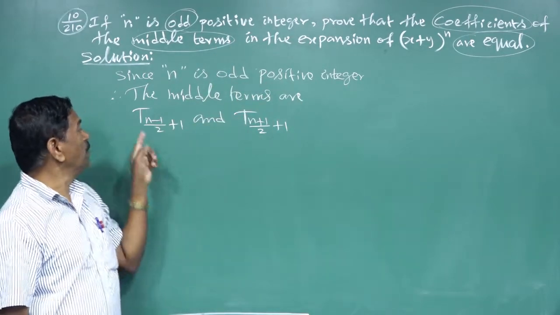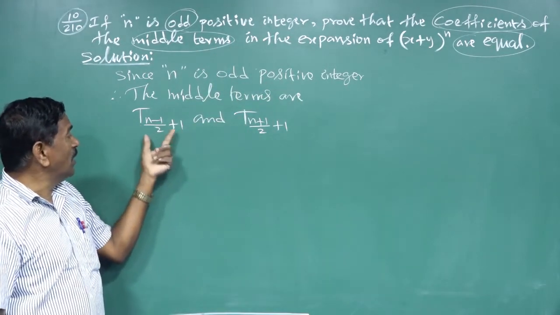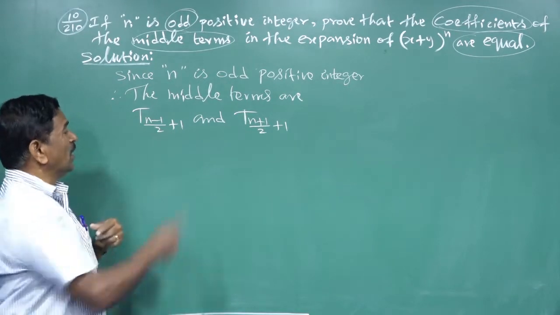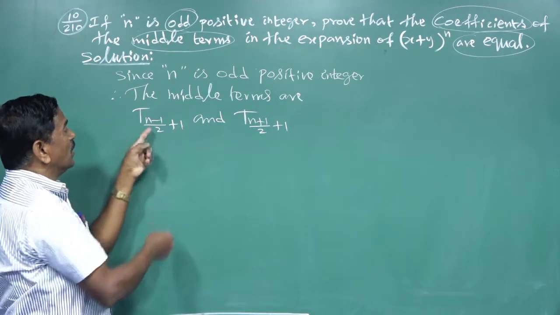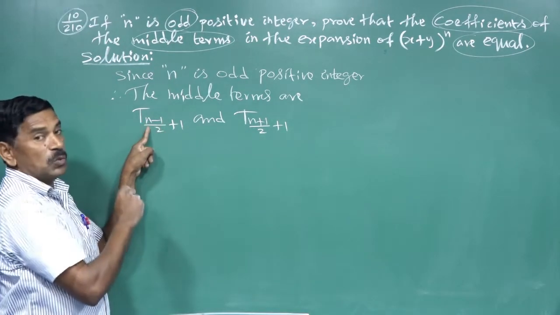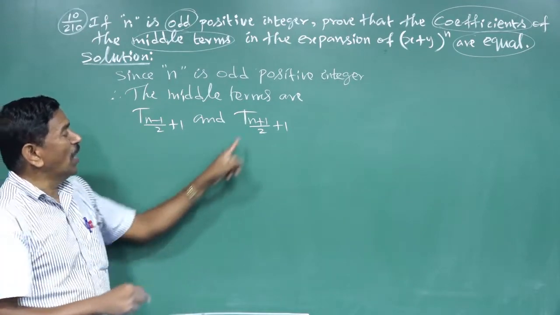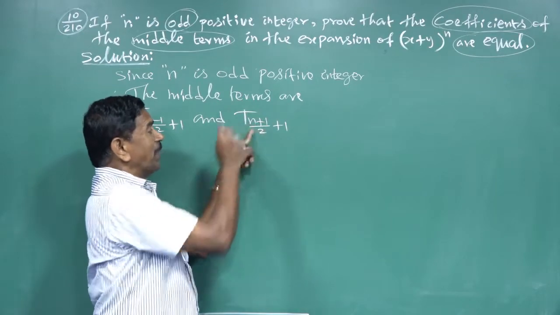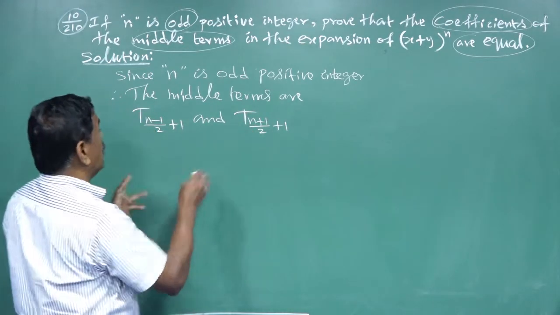Listen, for example, T_(r+1) means the coefficient is nCr. Likewise, here, forgetting the plus 1, the first coefficient is nC((n-1)/2). And here the coefficient is given by nC((n+1)/2).